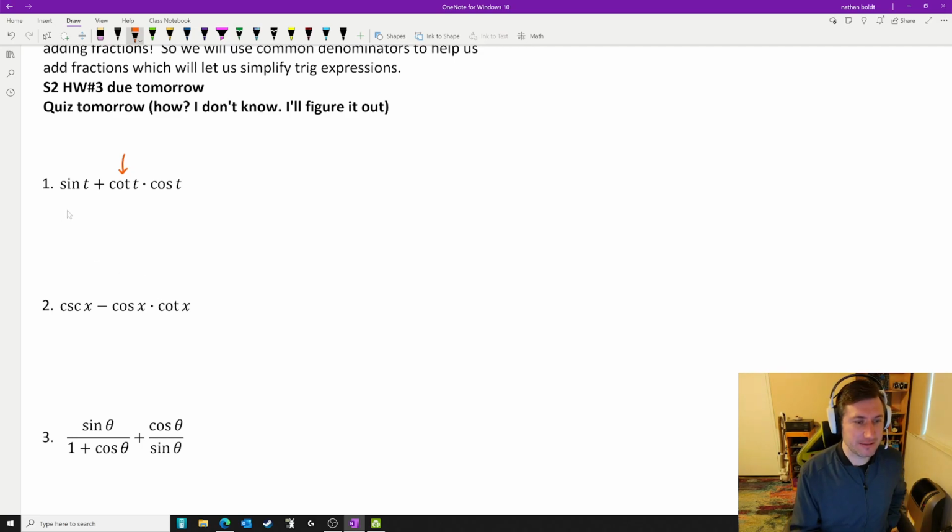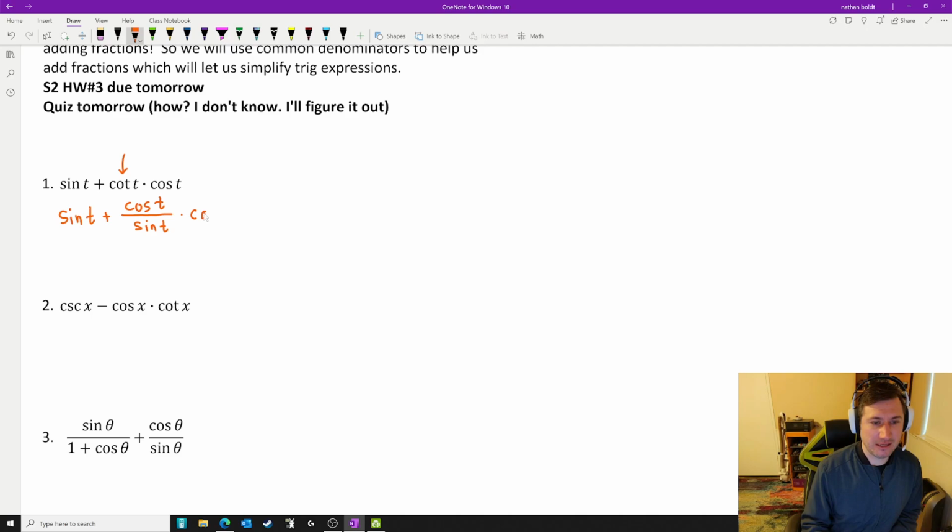So we've got sine of t plus, cotangent is going to be cosine of t over sine. And then we still have times cosine at the end, bring that down.